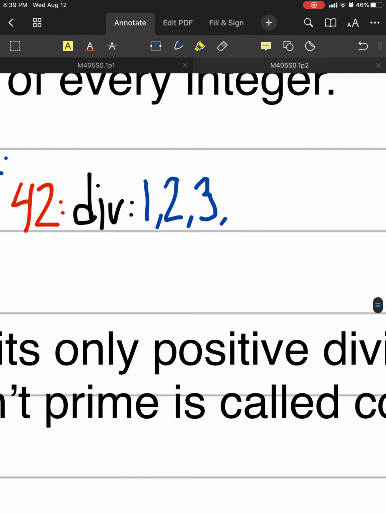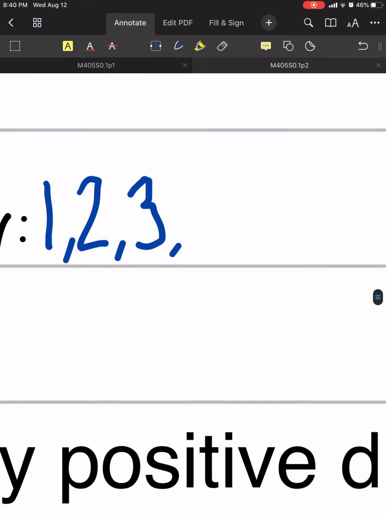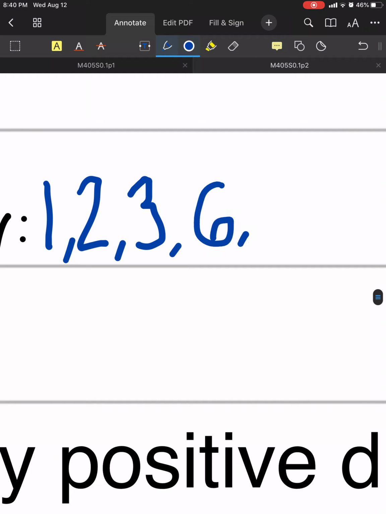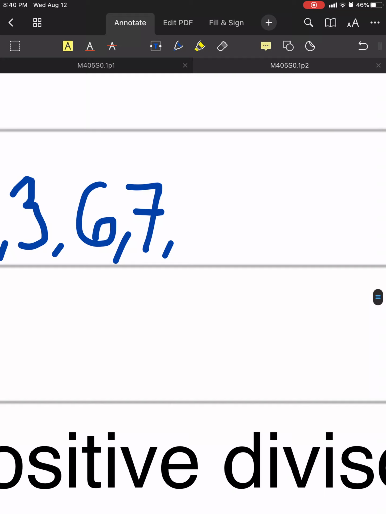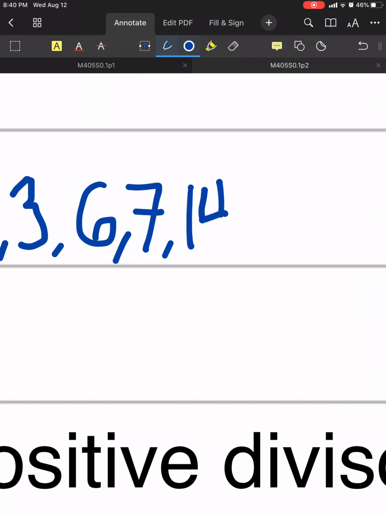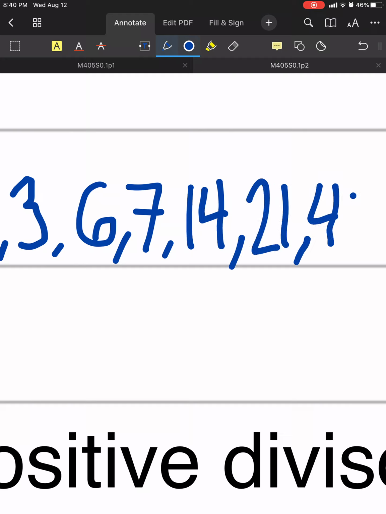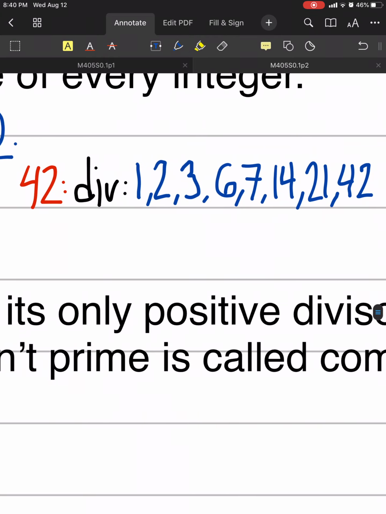So 1, 2, 3, and then we get the ones that you normally think of with 42, which are things that multiply together to give you 42, in this case 6 and 7. Also at this point we would get 14, 21, and 42.